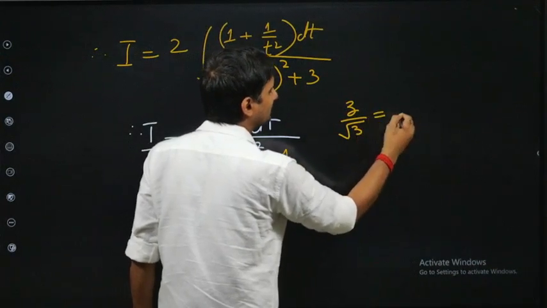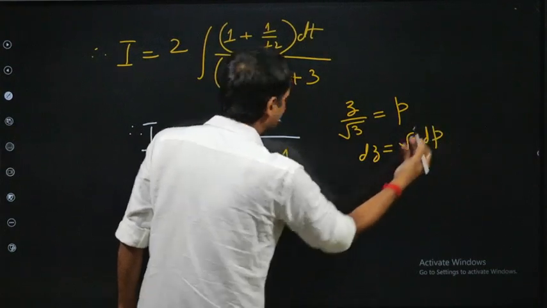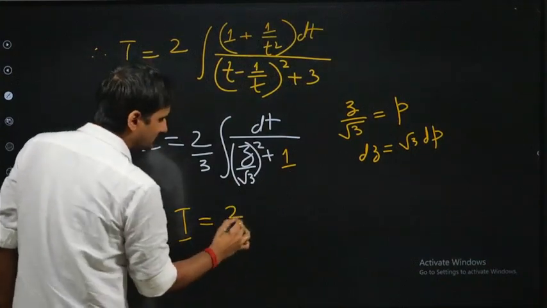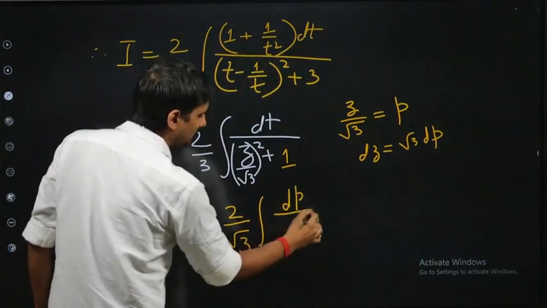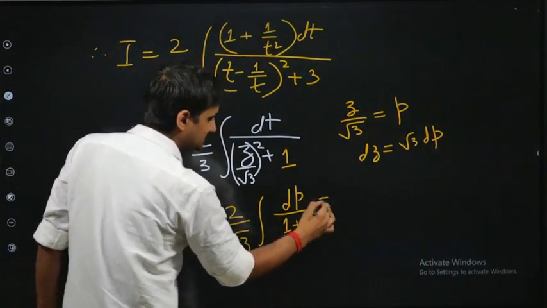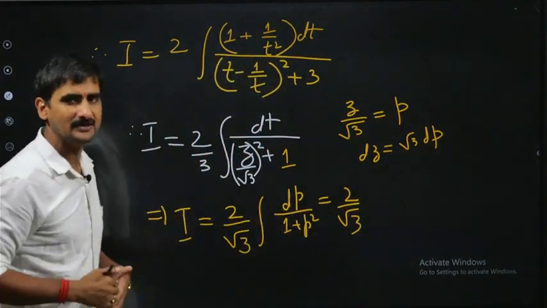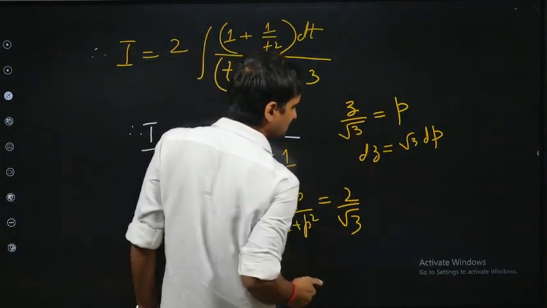The problem is I have to derive everything each time, so bear with me. Methods are important; these small results you always know. So it's 2 by root 3, and then dp over 1 plus p square. Since dx upon 1 plus x square integrates to tan inverse of x, it's tan inverse of p, where p is z by root 3.